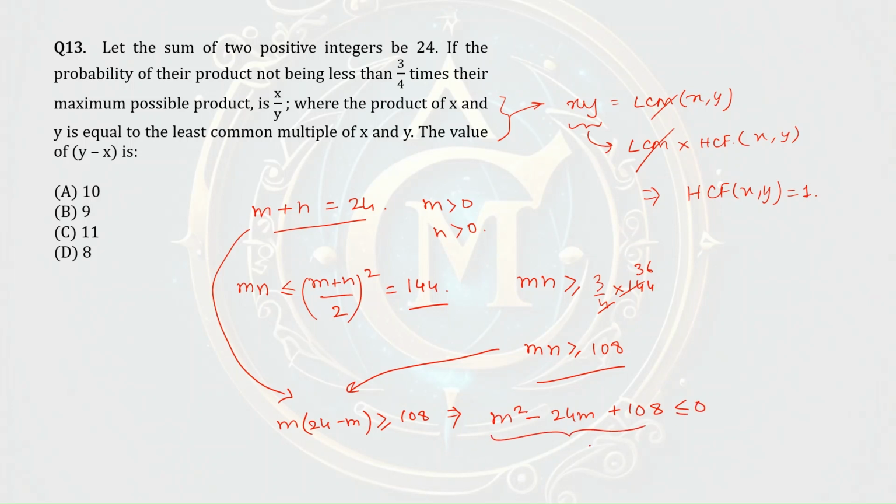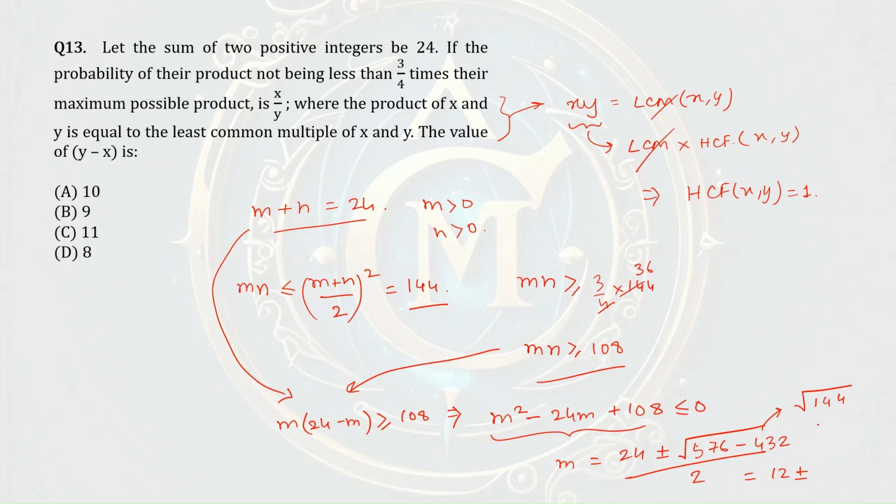Now from here we can apply the wavy curve method. For this we need to find the roots of this equation. That means m is equal to 24 plus minus square root of 24 squared, that is 576, minus 4 times 108, that is 432, divided by 2. So this is equal to 12 plus minus root under 144.